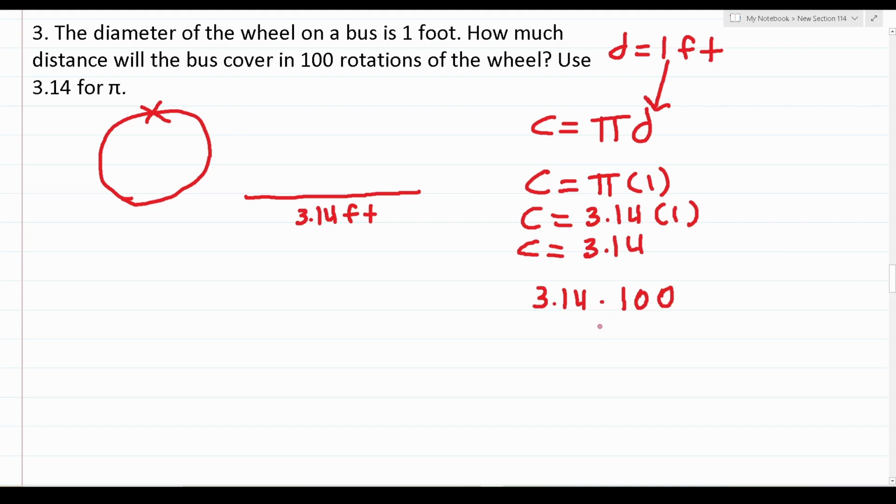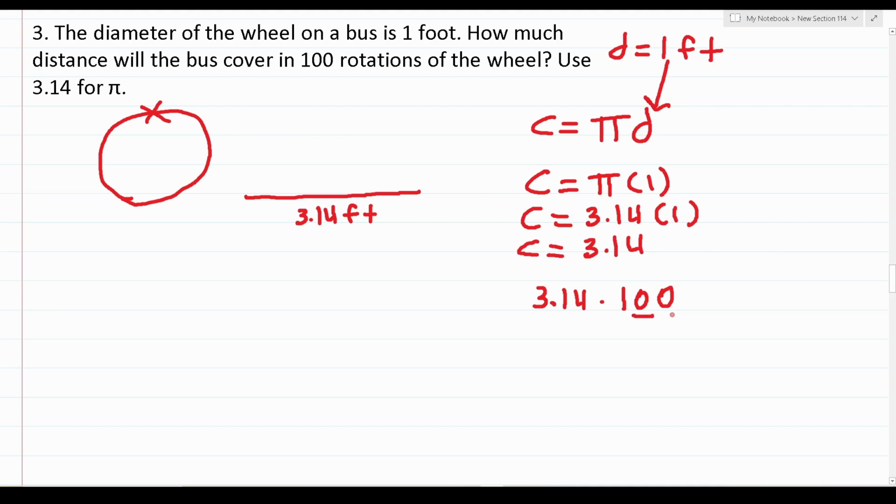All right. And this math, as it turns out, is very easy to do. As you can see, we're multiplying 3.14 by a power of 10, notably 100. As I mentioned in this video previously, when you multiply a decimal by a power of 10, such as 10, 100, 1000, 10,000, and so on, you just take that decimal and you shift it to the right according to how many zeros there are in your power of 10.